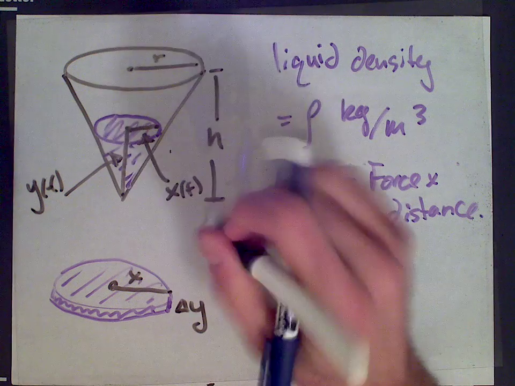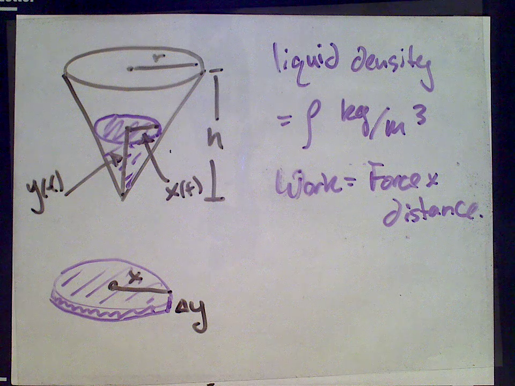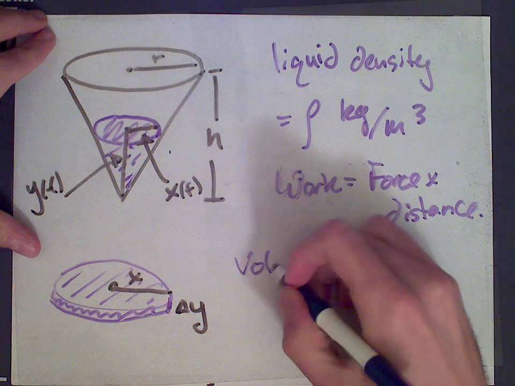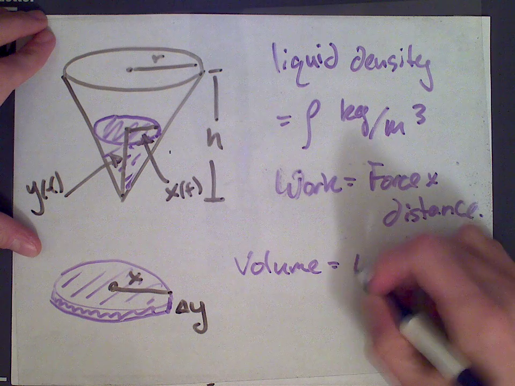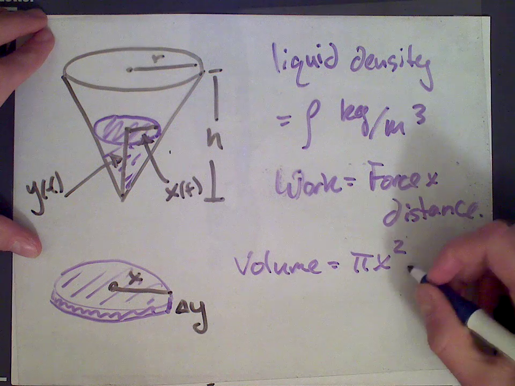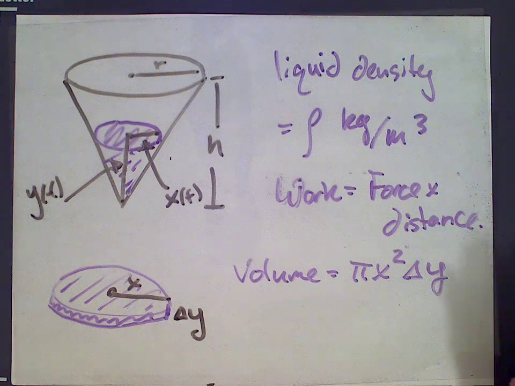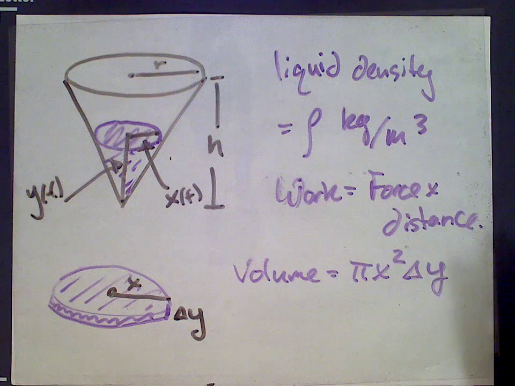So the volume is pi x squared times the height, delta y. That's the volume of a small disk of water of height delta y and radius x.